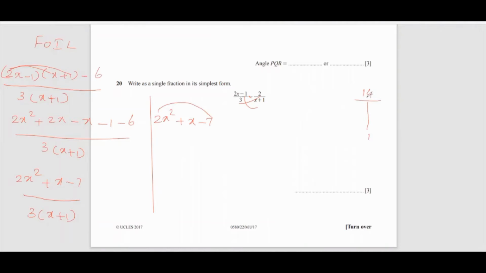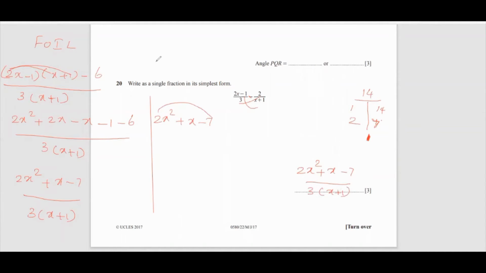I have to find suitable factors like 1 times 14 is 14, 2 times 7 is 14. I couldn't simplify because I don't get suitable factors: after adding or subtracting, I have to get 1, and the sum or difference of these pairs will not be 1. This quadratic cannot be factorized, so this is my answer.